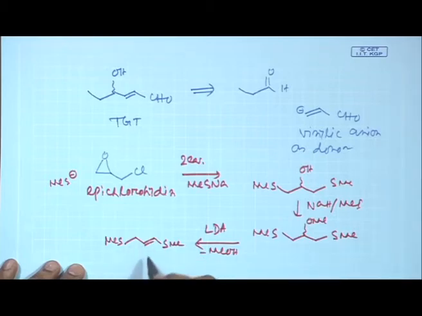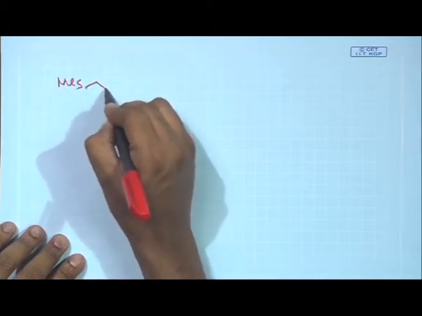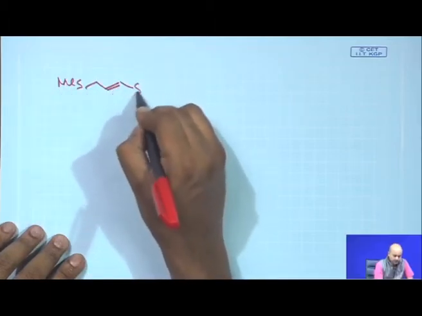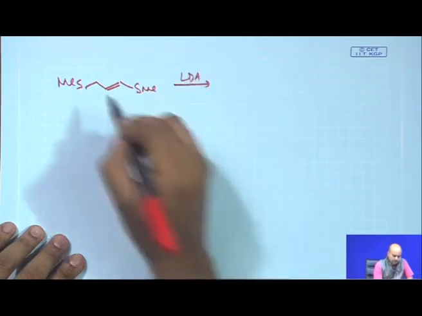Now, here if you react this allyl vinyl sulfide with one equivalent of base, then you see how this reaction takes place. So, you have an allyl and vinyl, you react with a base.